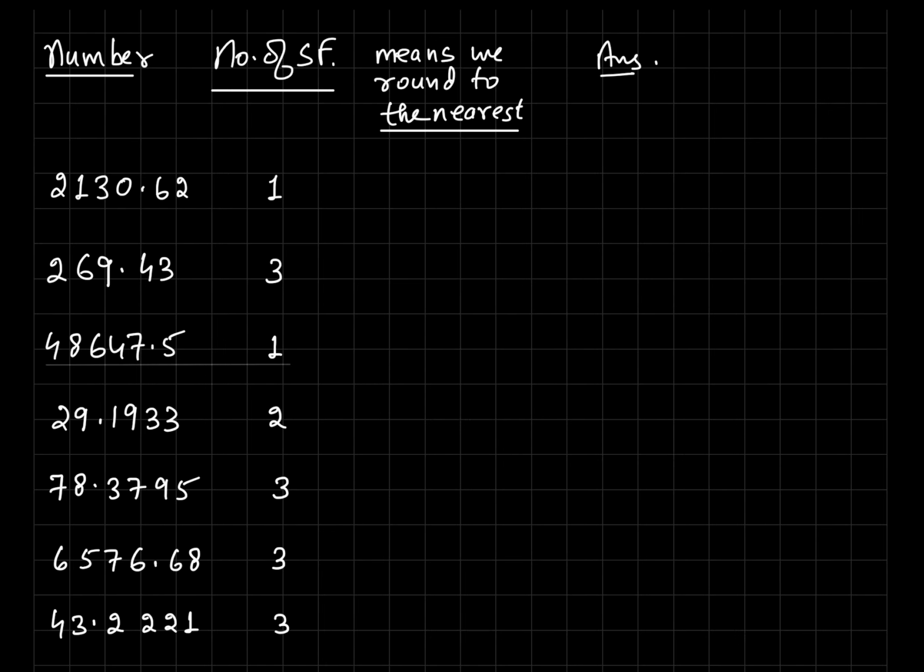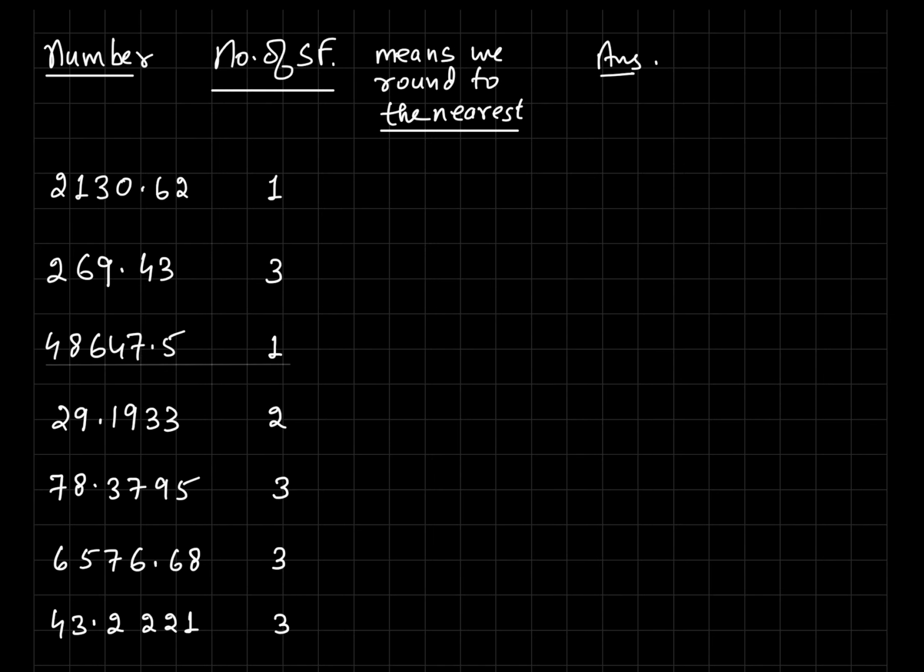Now let us do a few questions which I have already written here. I have written a number and up to how many significant figures we have to write it. The first is 2130.62, and the number of significant figures should be 1 only.